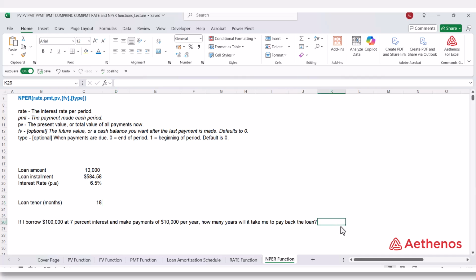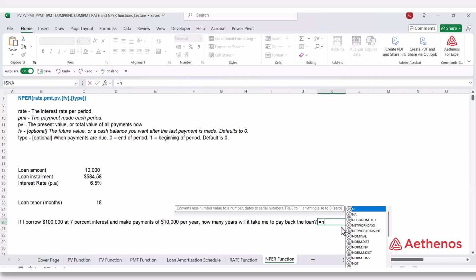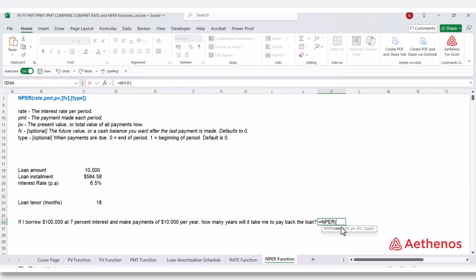So we can use the NPER function to calculate this as well. We type equals NPER, and then the rate is 7%. These are annual payments, so I can just put 0.07 or type in 7%. The PMT is going to be 10,000, so I put negative 10,000.